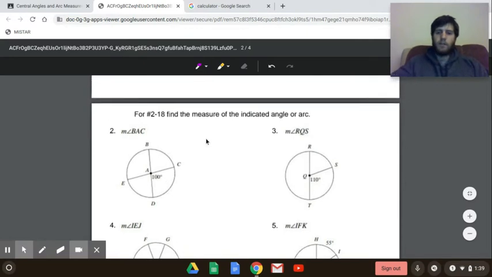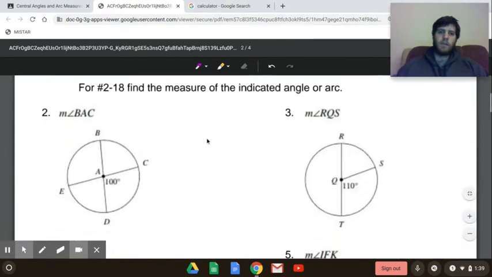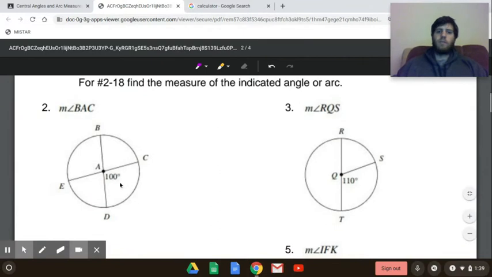we can zoom in a little bit. Okay. So on number 2, we're looking for the measure of angle BAC. That's this angle here. But what we do notice is that we have a diameter, so we have a straight angle. So these two are going to have to add up to 180.